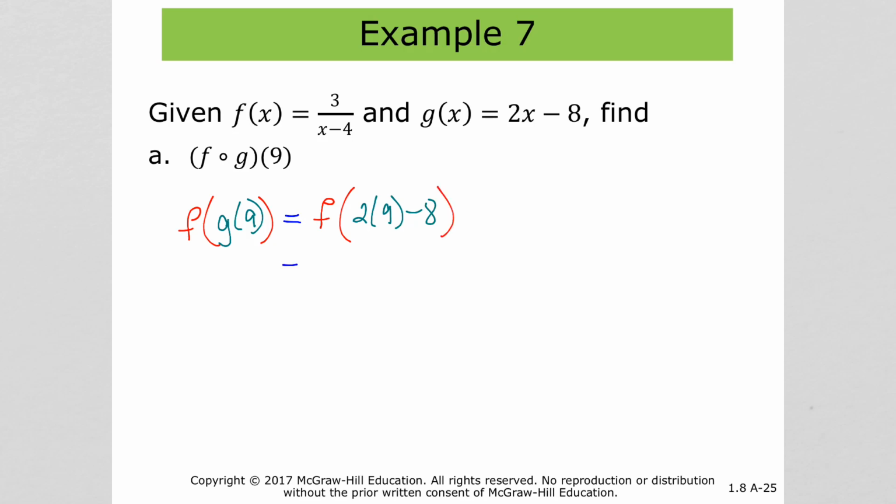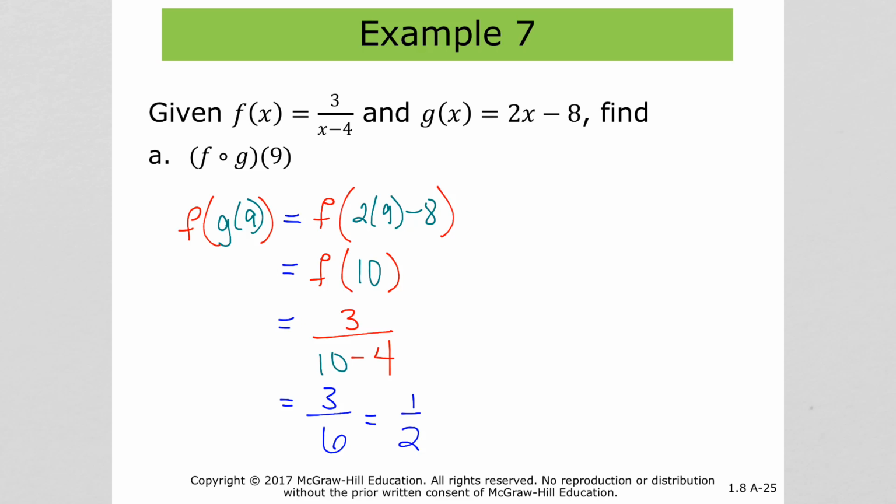And let's go ahead and simplify that while we're here. 2 times 9 is 18, minus 8 is 10. So all we're doing is finding f of 10. So we have 3 over 10 minus 4, or 3 over 6, which is 1/2.